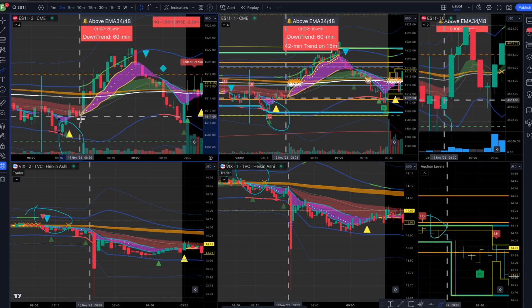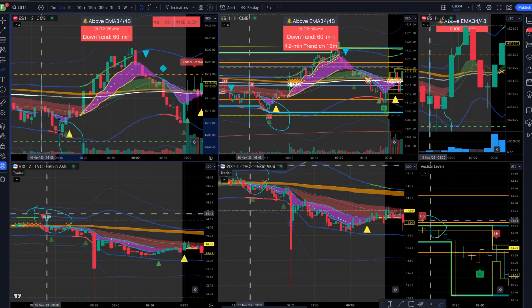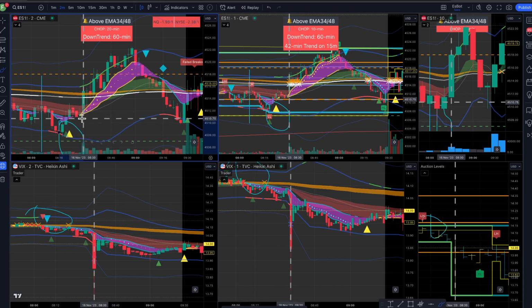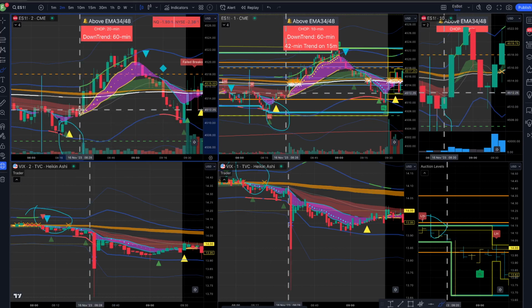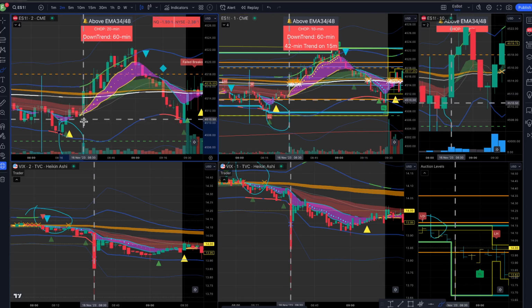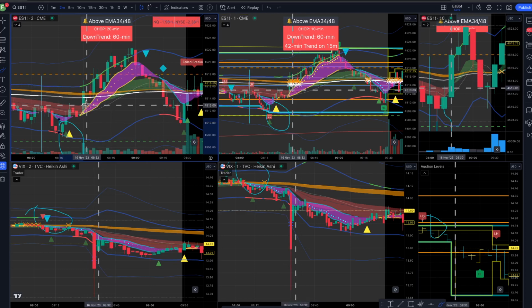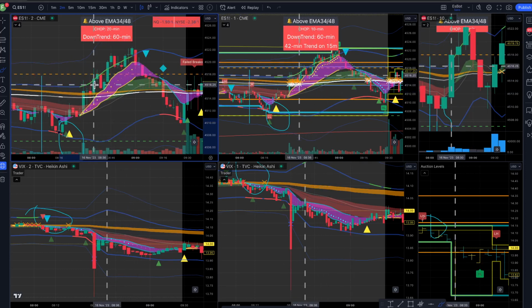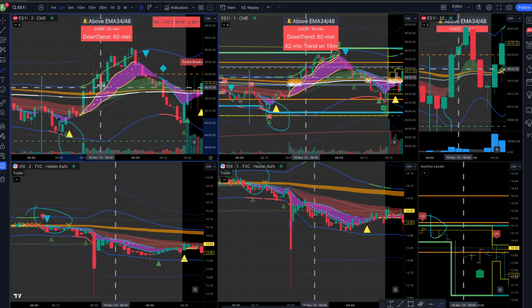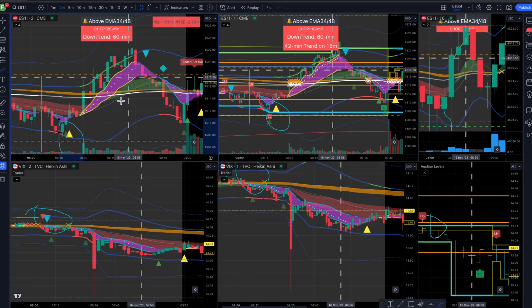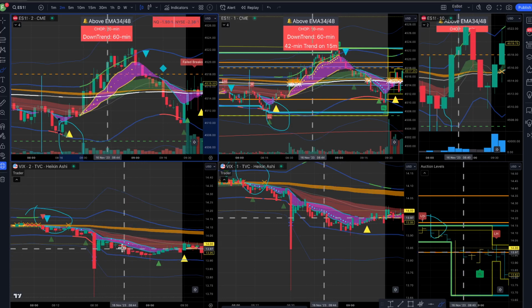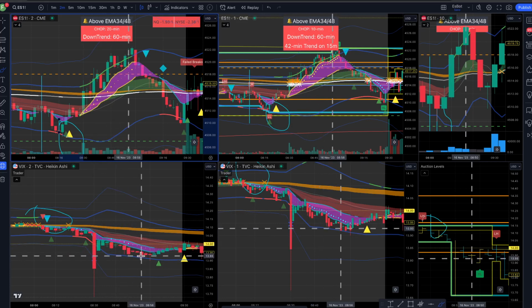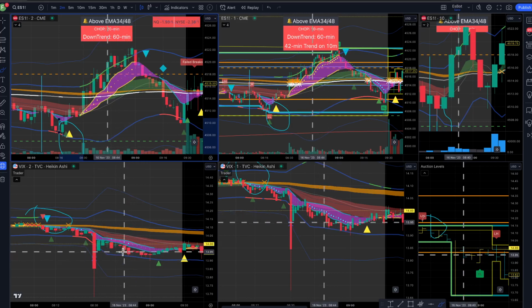So if these line up, you could get in here as close as possible to this, and then take profit around here, and you would have made money. As long as you stay above the danger zone, you're good to go. ES is above it, VIX is below its danger zone, and it's got an outline, so that's good.